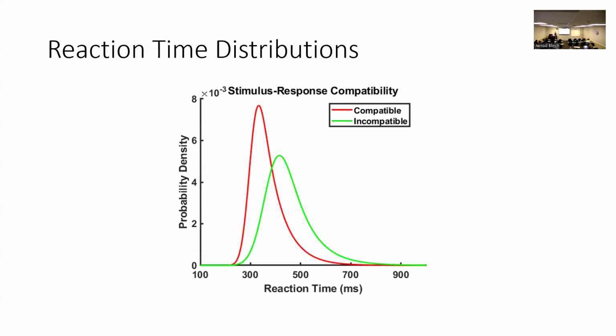That's the compatible, the ipsilateral condition. When it's incompatible, it's harder, or the contralateral mapping. You can see reaction time shifts over, so it gets longer. The average reaction time, mean, is probably more like 450 milliseconds. We can see that it's wider, so the standard deviation must be bigger.